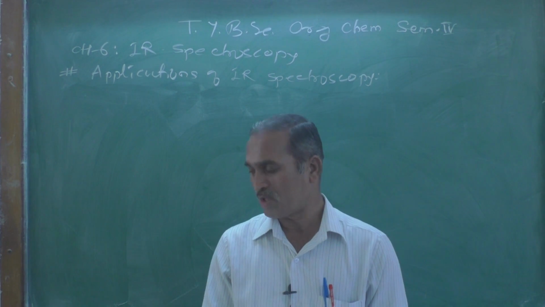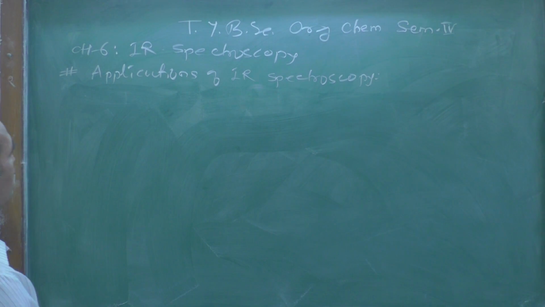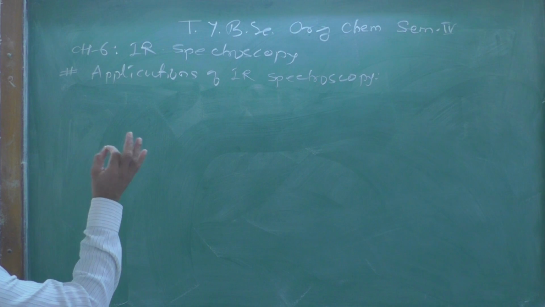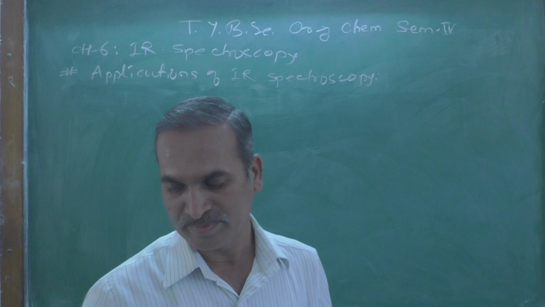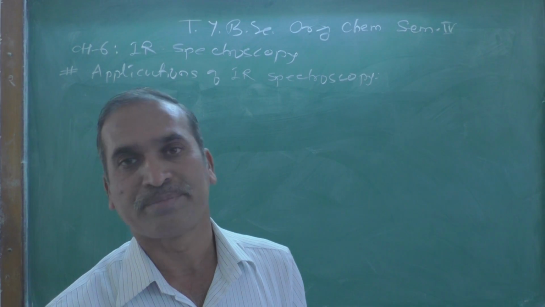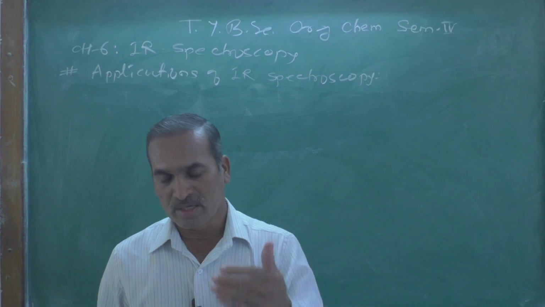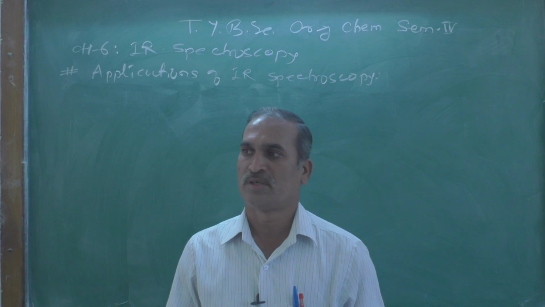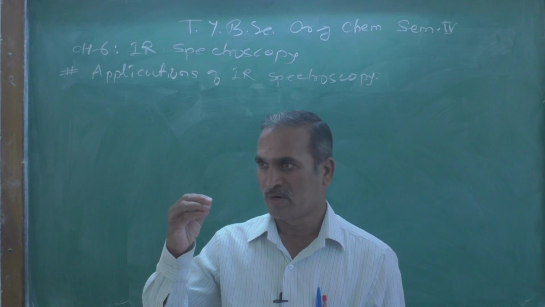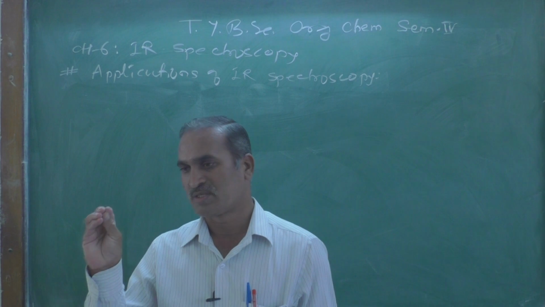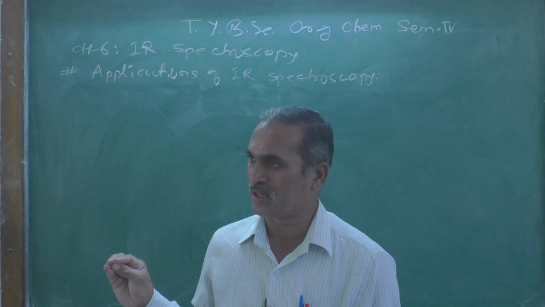Now today, look at the board. What is written? Application of IR spectroscopy. The first application we have discussed is the determination of structure, with respect to the following points: number one, functional group region; second, fingerprint region; third, aromatic region.